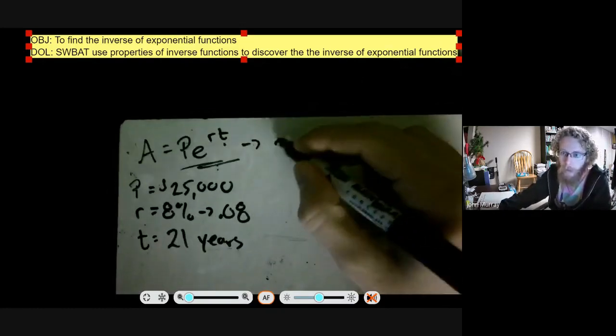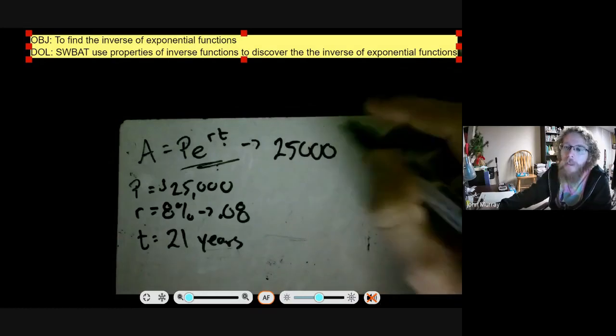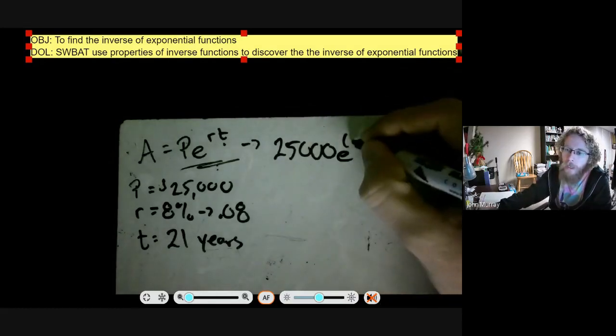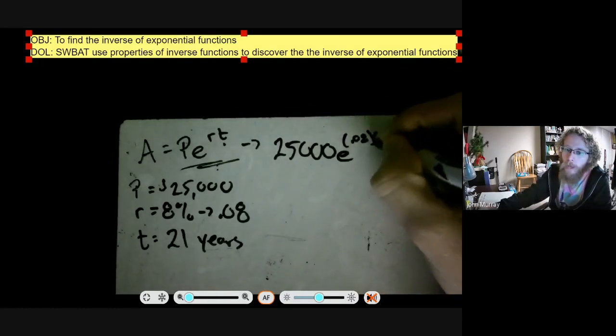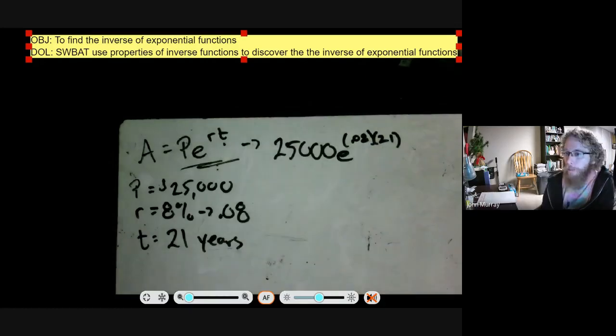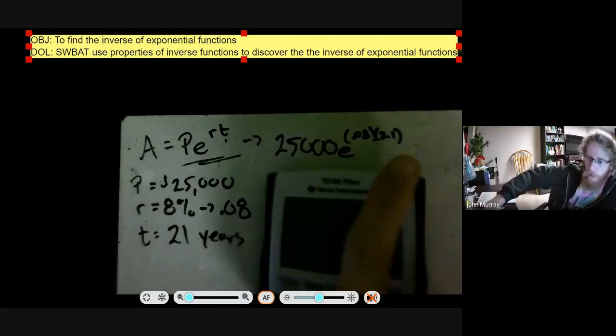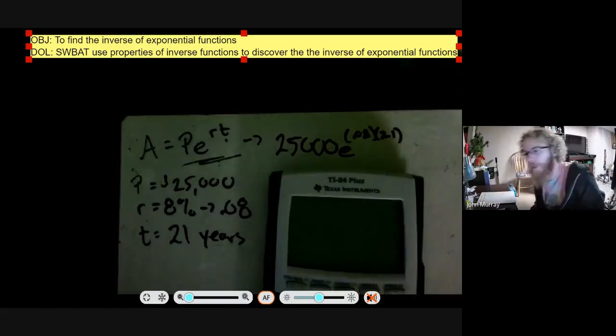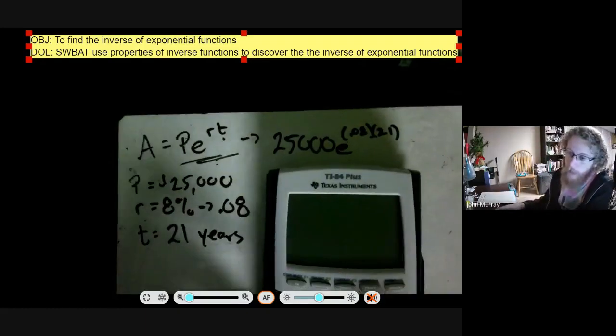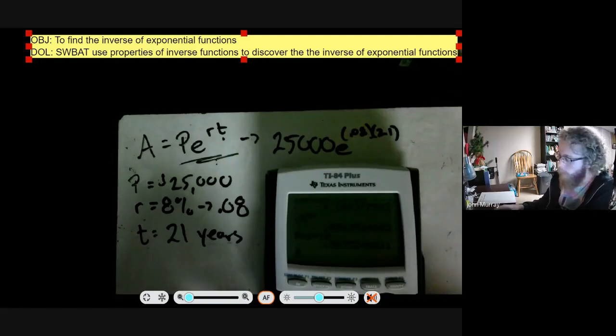All right, so we're going to just plug in our values. We have 25,000 times e to the 0.08 times 21. Depending on what calculation tool you're using, if you have an actual calculator, you can just type everything in at once.